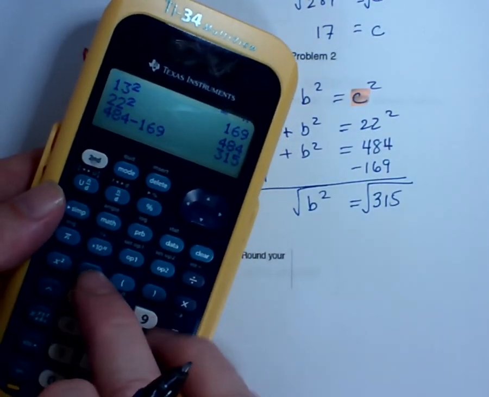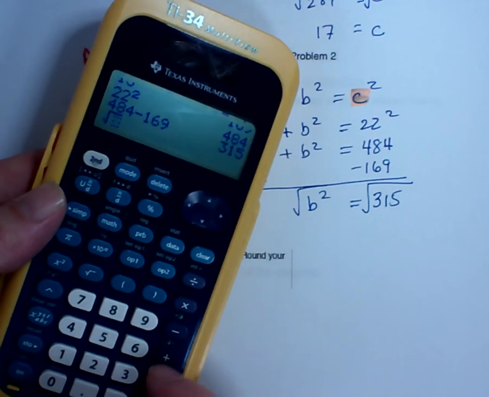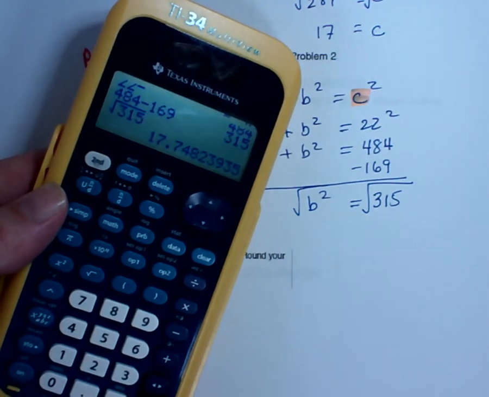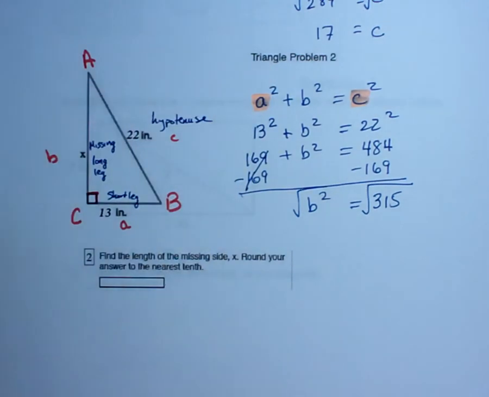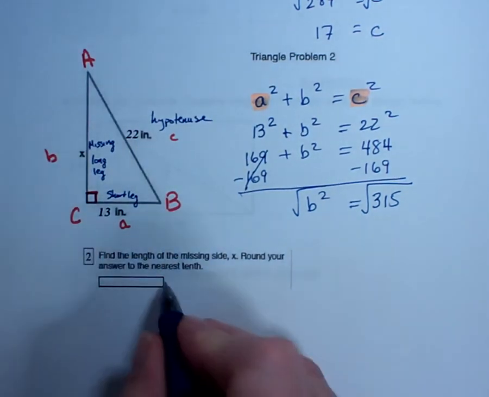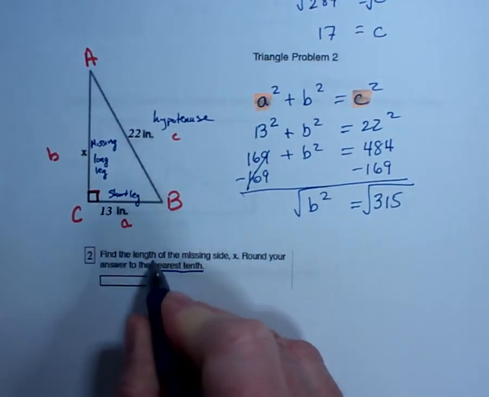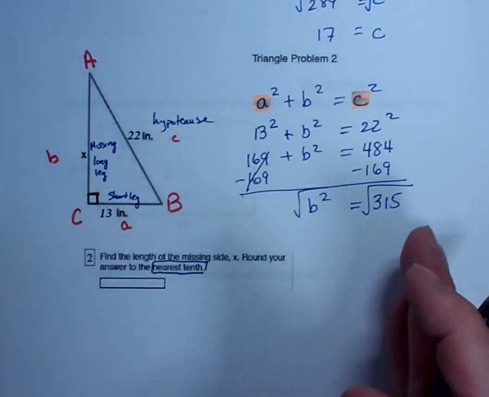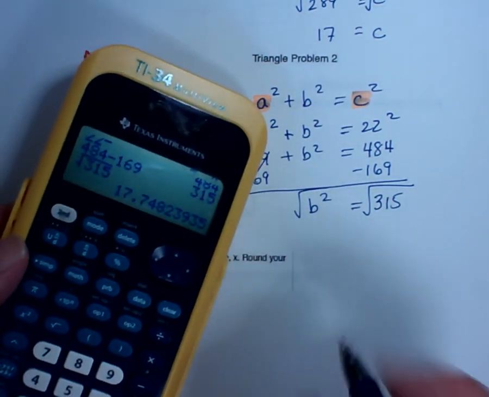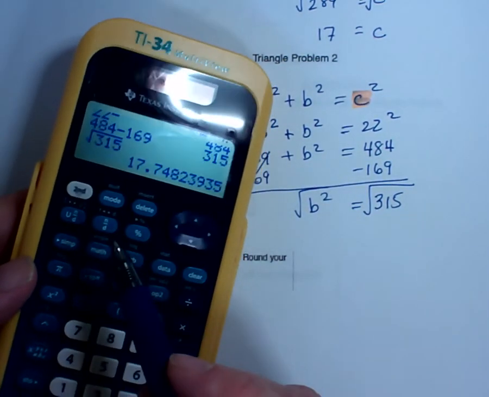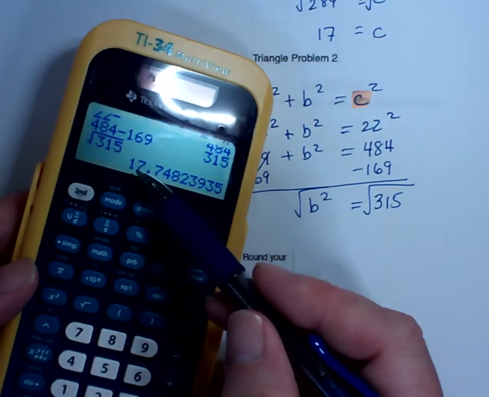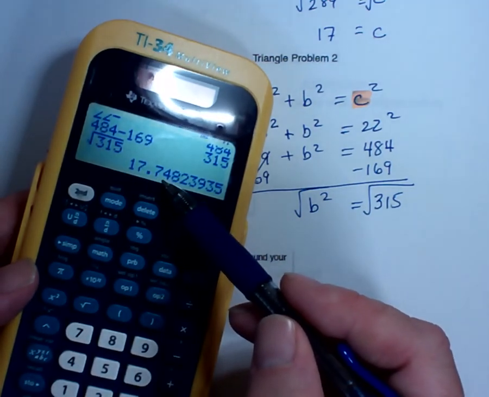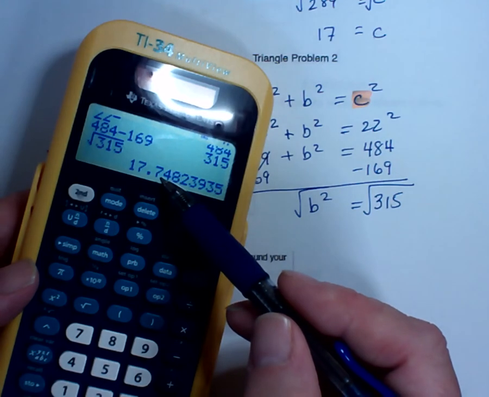Okay, square root of 315 is 17.748. And here's a key here. They want you to round it to the nearest tenth. So we need to look at the digit to the right of the tenths place. If I look on this calculator, tens, ones, tenths, I look to the right, the number to the right is a 4. I'm not going to round this up then.